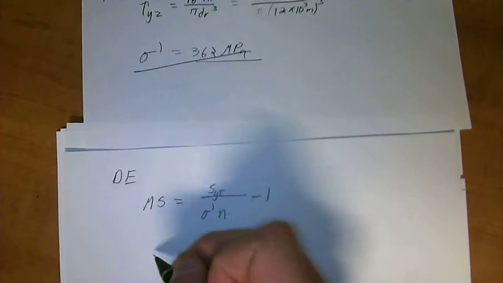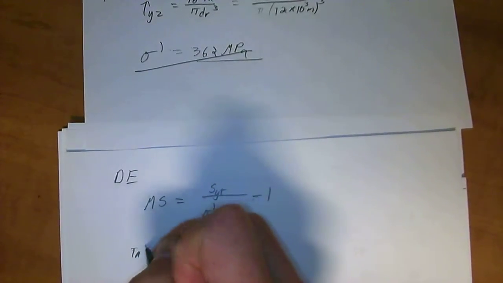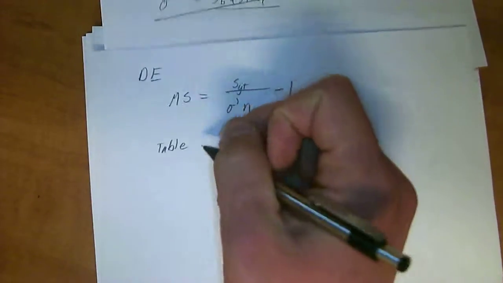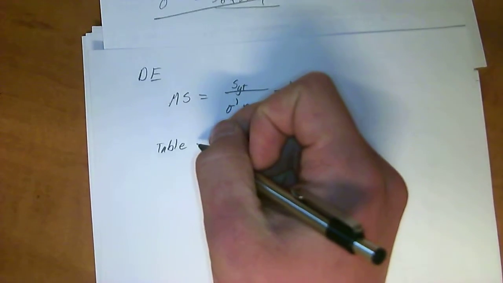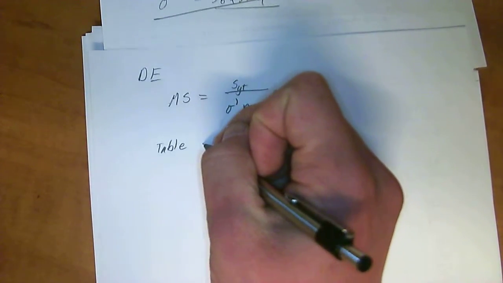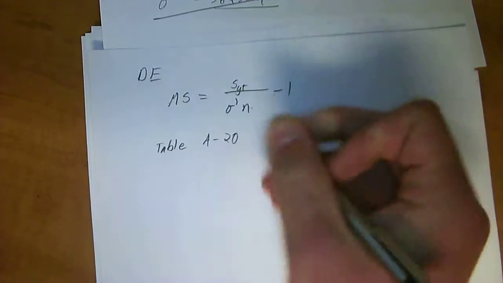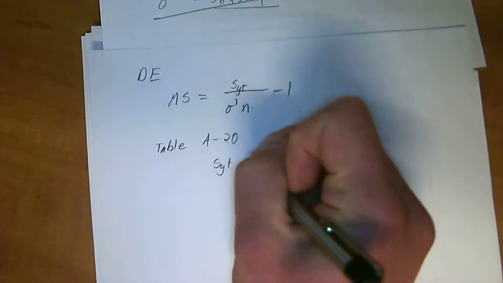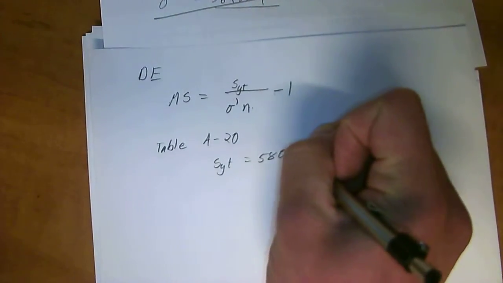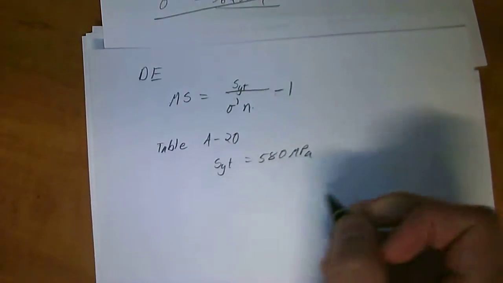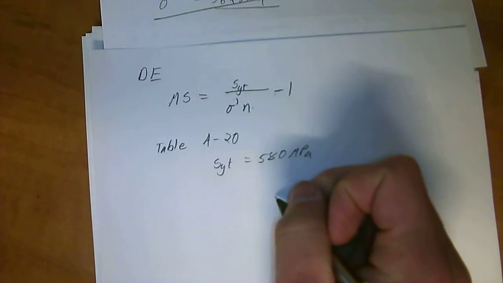Using table A-20 in the Shigley machine design book that we use in this problem, Syt is going to equal 580 megapascals for the type of steel that we're using.